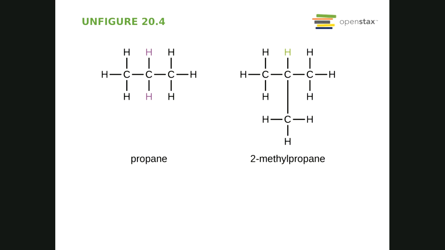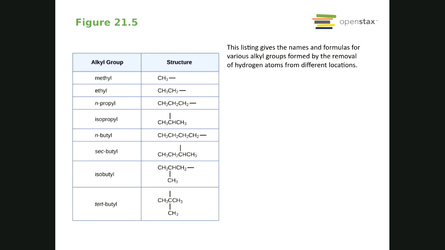This one is a 2-methylpropane. So methyl is a methyl branch, ethyl, propyl, and then we have isopropyl. You have to memorize how the branches are named.